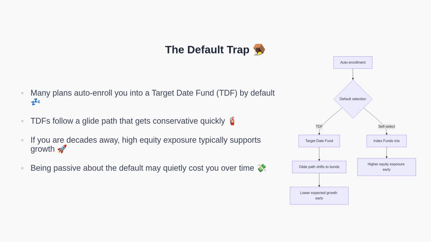Therefore, passively accepting the default could mean lower expected returns and a larger opportunity cost over decades. Instead, consider whether a self-selected mix of broad market index funds with higher equity exposure better matches your time horizon and risk tolerance. Next, let's address the single biggest lever you control on day one.